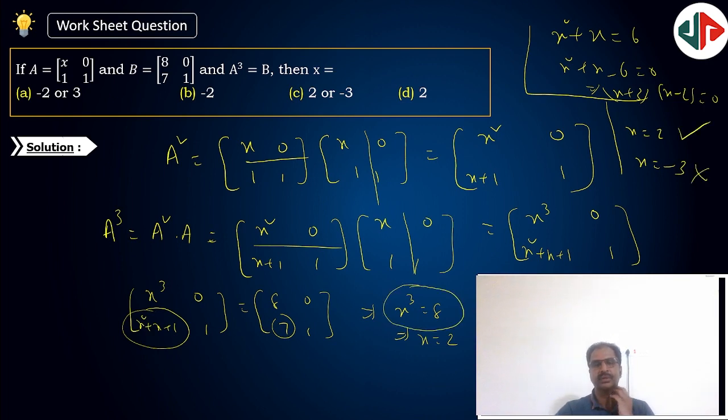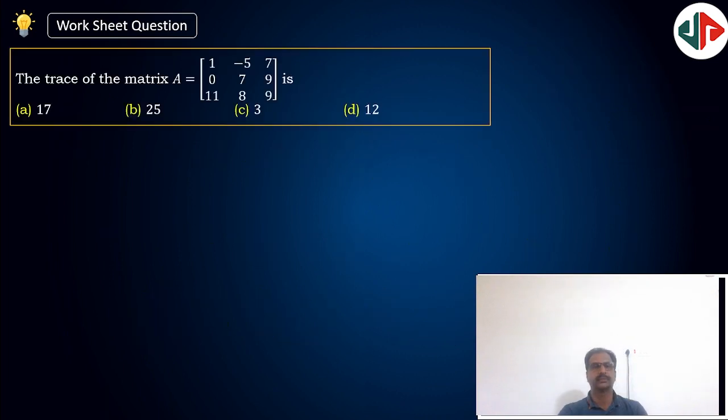Only x is equal to 2, option D is correct. We get two values here, but x is equal to minus 3 is not satisfying this, because two matrices are said to be equal when corresponding elements of both the matrices should be the same. So minus 3 is not correct, only 2 is correct.